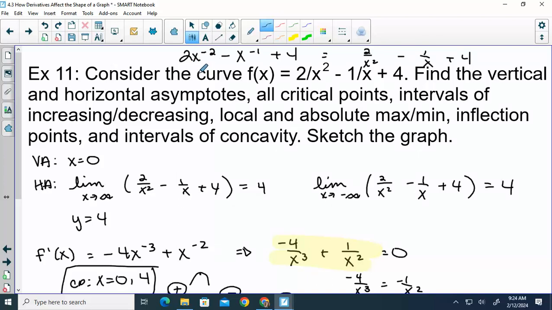And what do we get? .875 if you want a decimal.